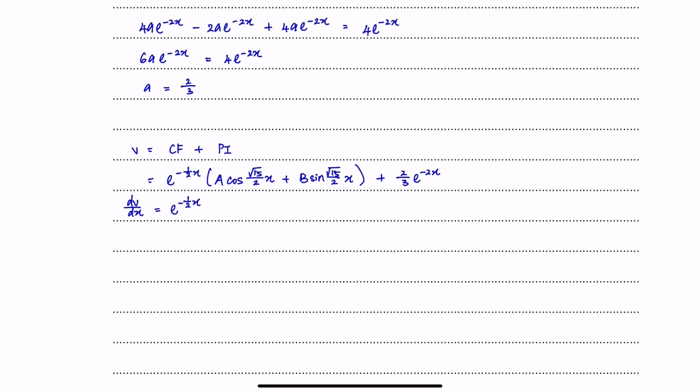e to the minus half x times negative √15 over 2 a sin √15 over 2 x plus √15 over 2 b cos √15 over 2 x, minus half e to the minus half x times a cos √15 over 2 x plus b sin √15 over 2 x, minus 4/3 e to the minus 2x.